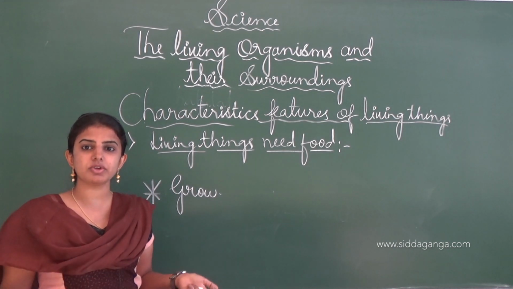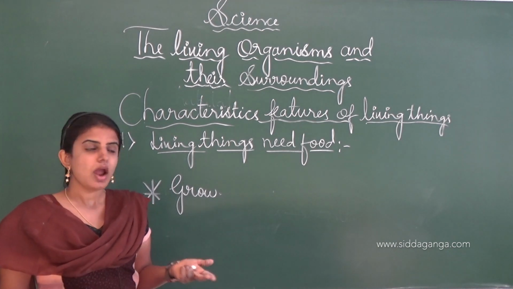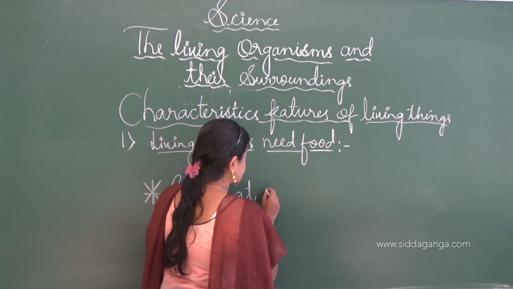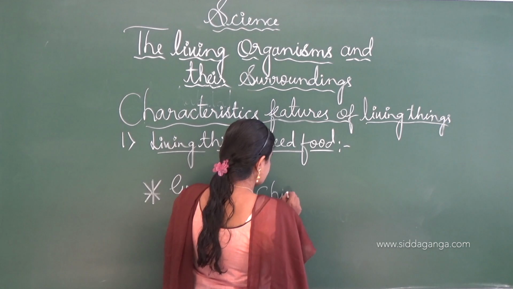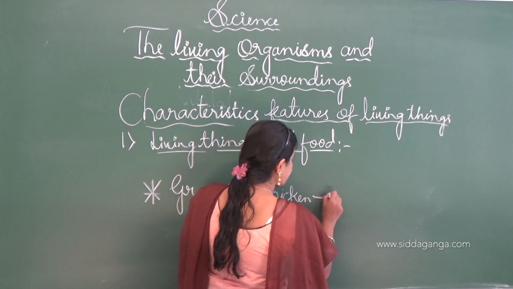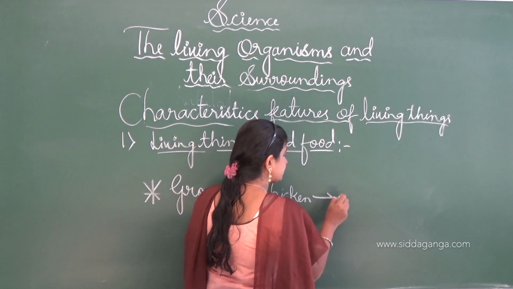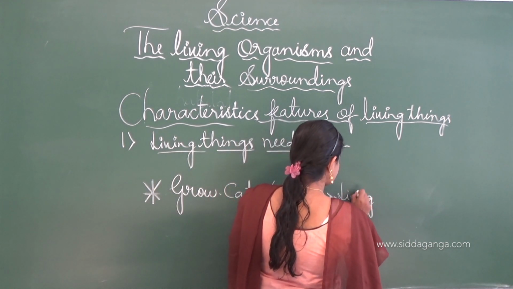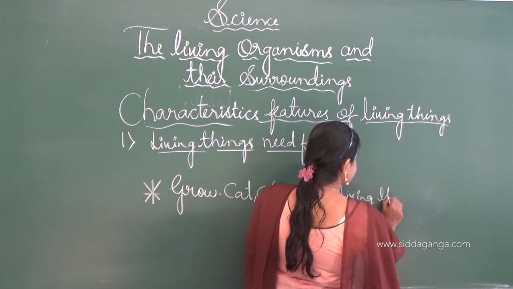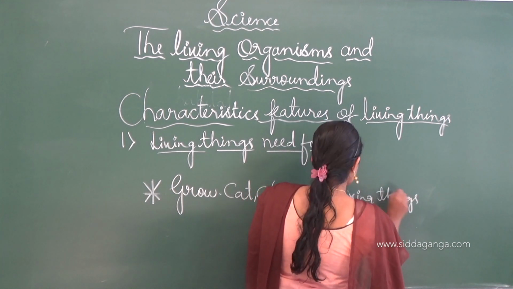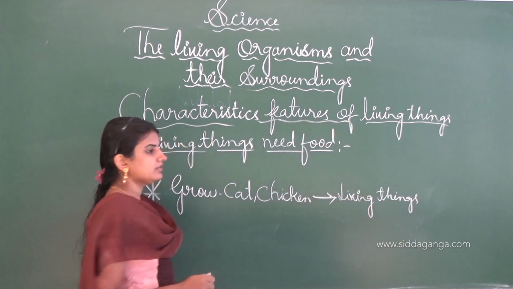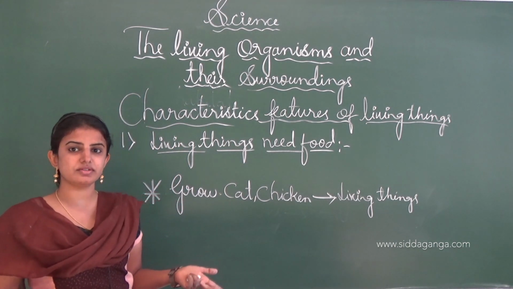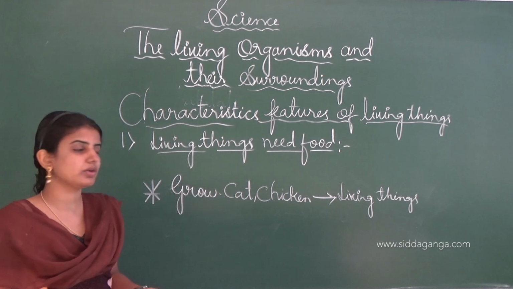Like that, different types of organisms grow, and we call them a cat, chicken, and different animals, and even the human beings, we call them living beings. And see, in the sky, the clouds also grow in size, and we call them non-living things.